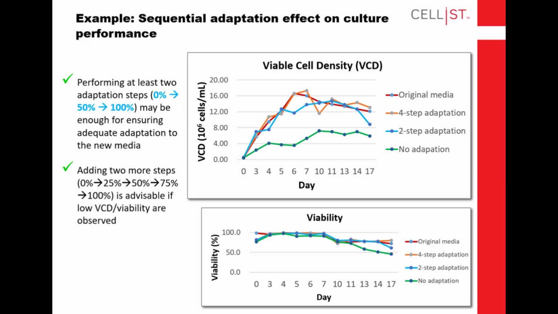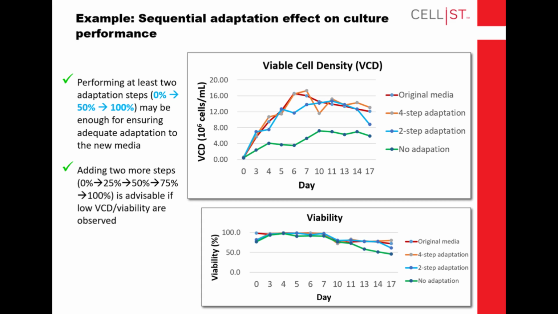Both the green, the blue and the orange lines are actually in 100% target media, but they vary in the passages of adaptation they went through before day 0. So that's basically to show you the importance of the adaptation prior to selection of the basal media you would like to use for your process.